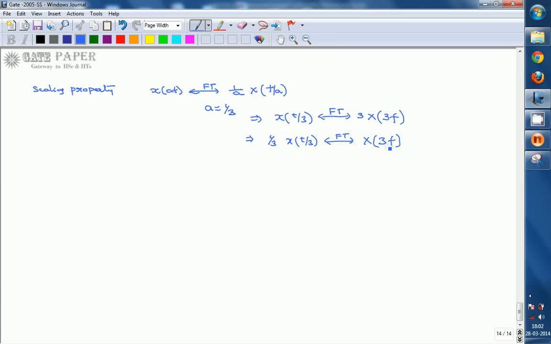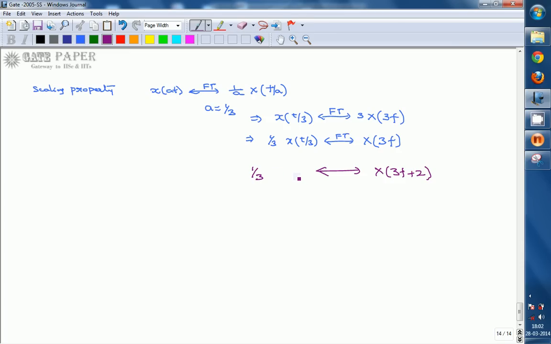By applying the same property for the required one, we already applied the shifting property, and now we'll apply the scaling property. We need X of 3f plus 2, so we will get 1 by 3 into x of t by 3.